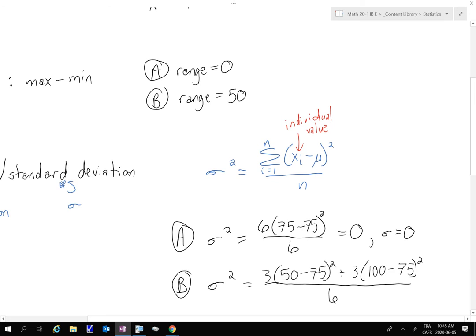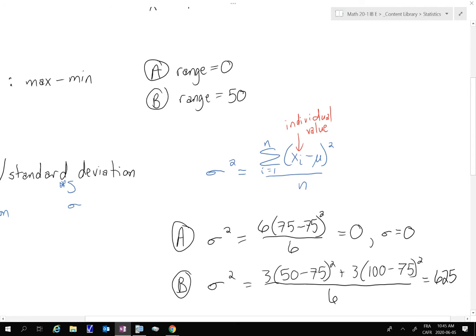Now, in this case, 50 minus 75 is going to give me negative 25, but as soon as I square that, it becomes positive. And 100 minus 75 is going to give me positive 25, but as soon as I square it again, I get 625. So ultimately, I have 6 times 625 divided by 6, which is 625.